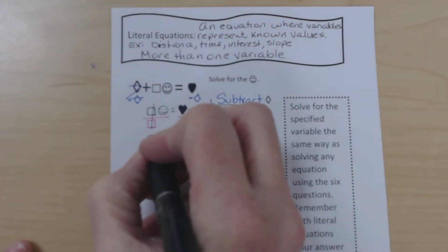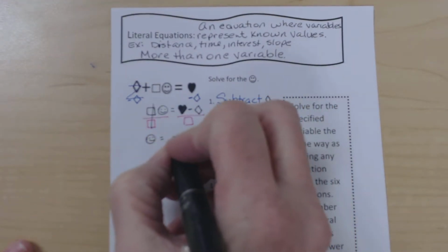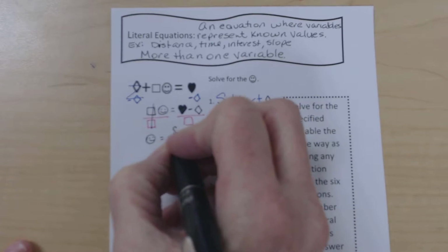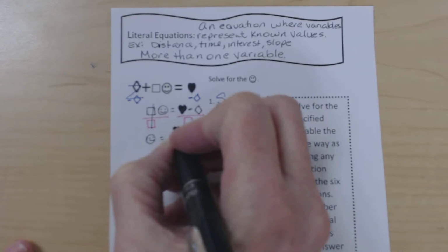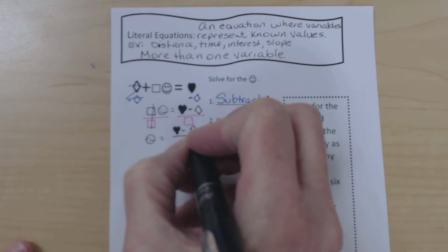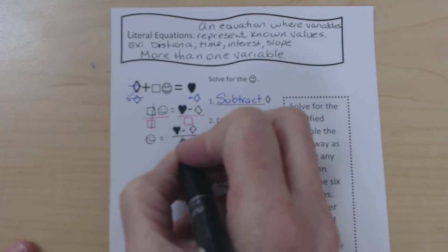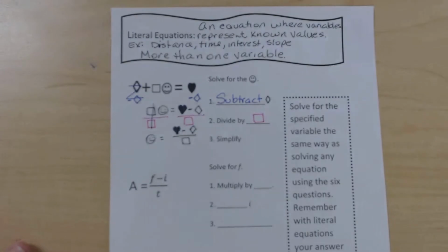So my smiley face is equal to a heart minus a diamond, all over a square. So we could write that a little differently, but I'm just going to go ahead and leave it as one large fraction.